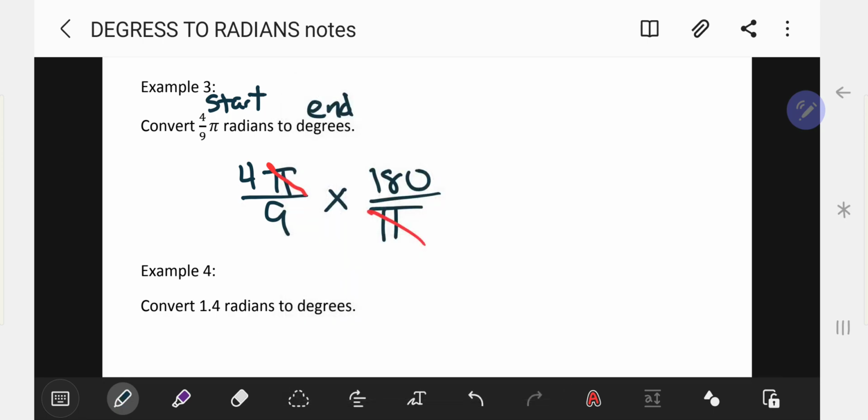So they cancel each other out, which means when I multiply 4 times 180 and then divide it by 9, I end up with whatever degree I end up with. So you can probably use just some scratch paper and figure out what that math is. So 4 times 180 divided by 9 will give me my degrees, and that is 80 degrees.